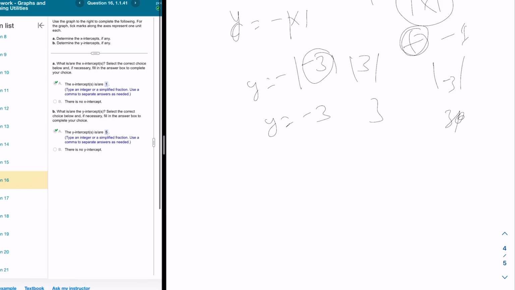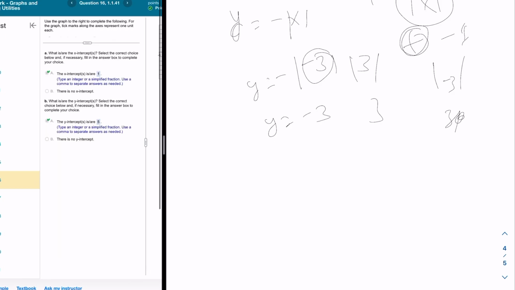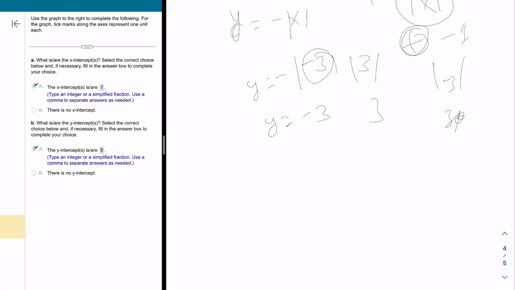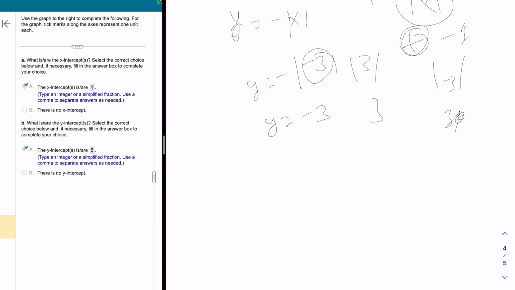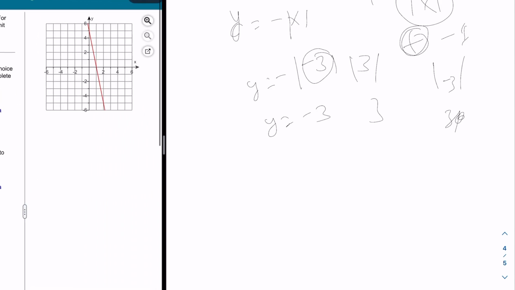Now we have to look a little bit. Now use the graph to the right to complete the following. Okay, we have been given this graph, and from this graph we need to know where the x-intercept and the y-intercept are.